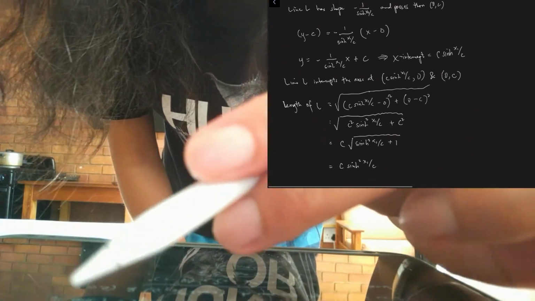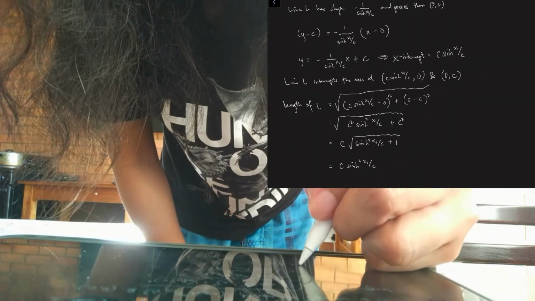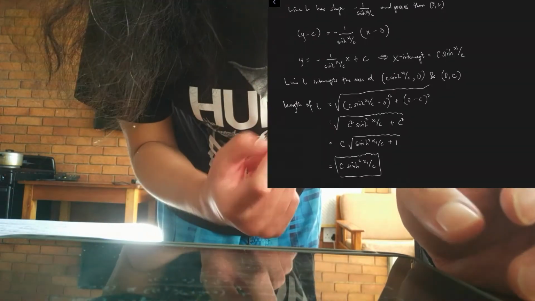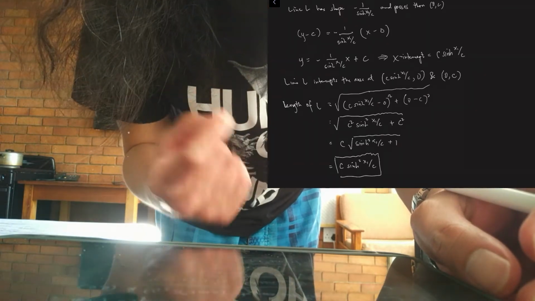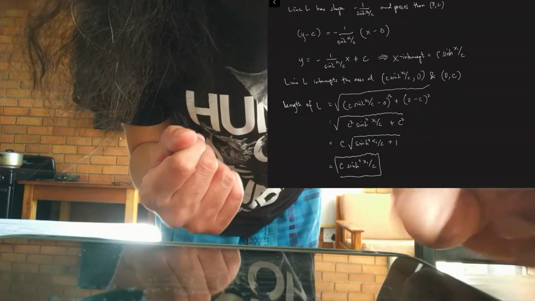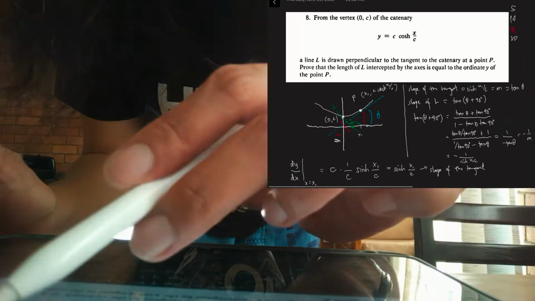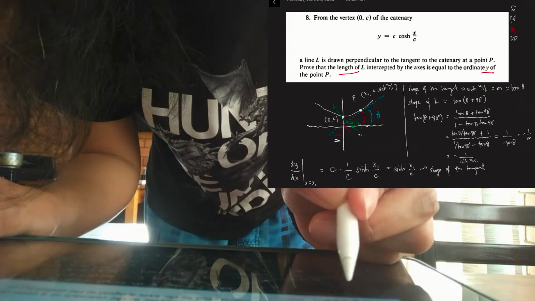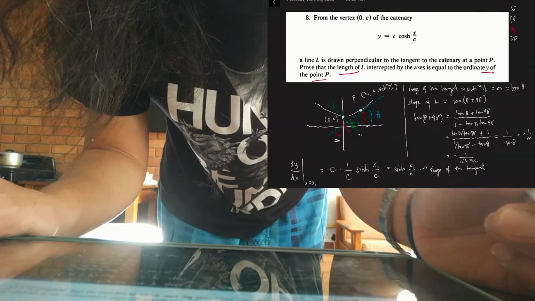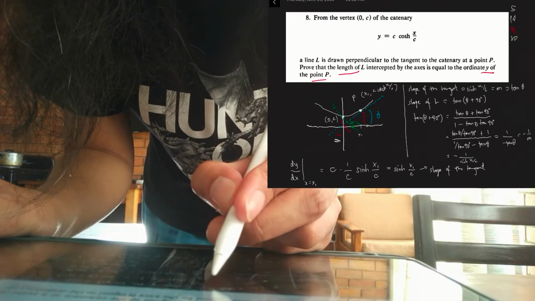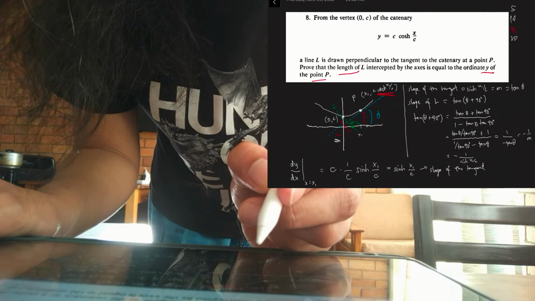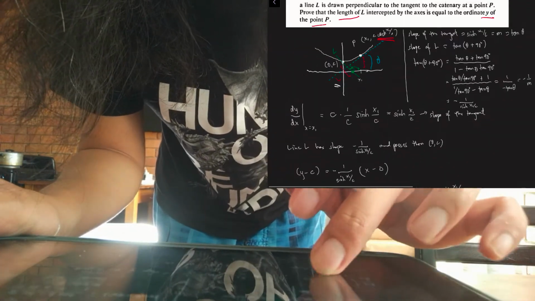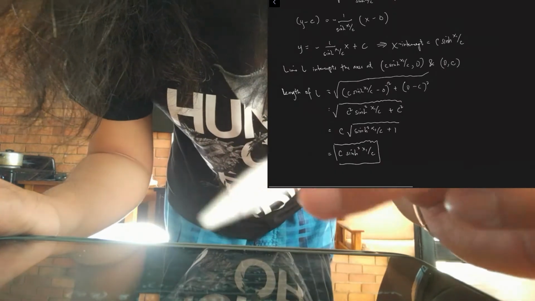So this is the length of the green line, line L, intercepting the y-axis and the x-axis. But we are asked to show that the length of L is the y coordinate of point P. The y coordinate of point P is given by c cosh x1 over c, which is exactly, sorry, I wrote sinh.